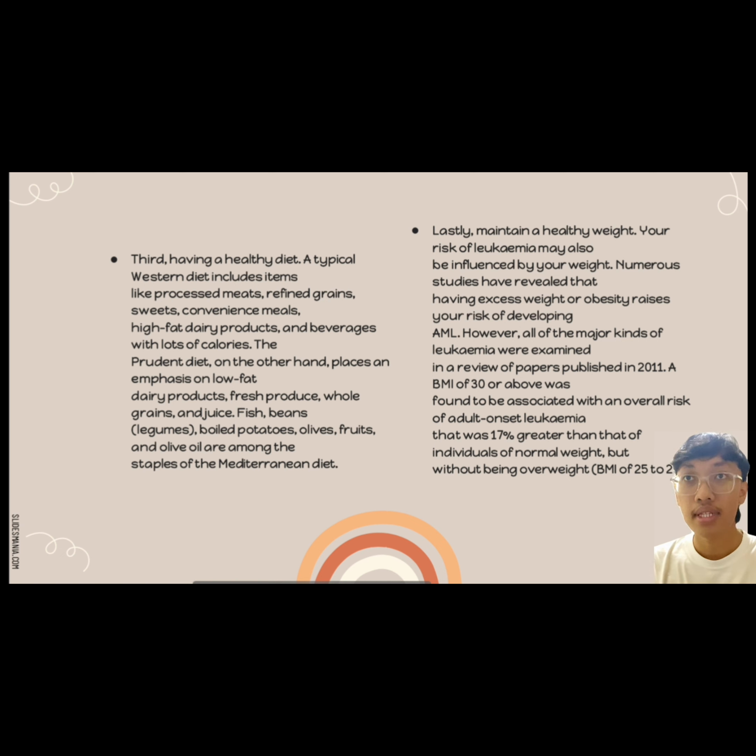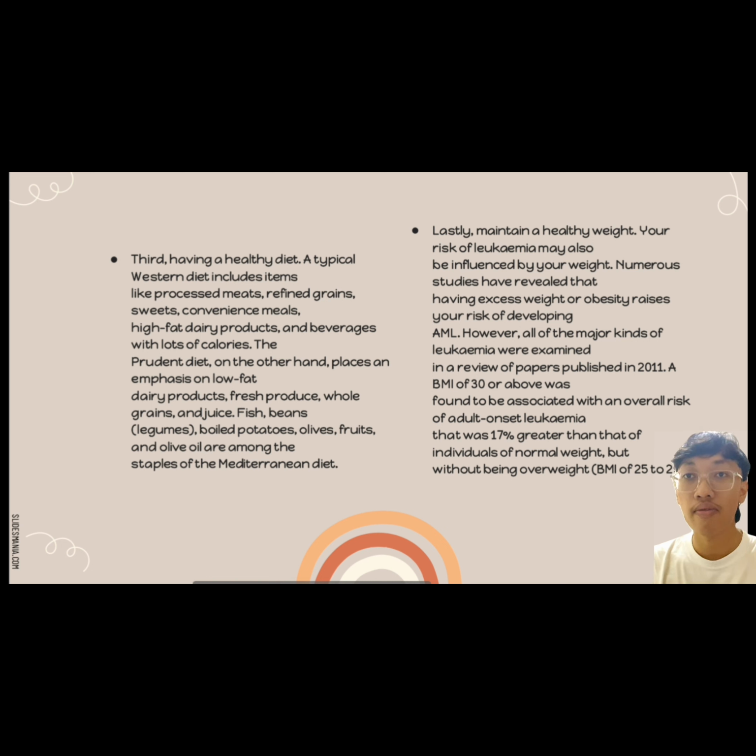Lastly, maintain a healthy weight. Your risk of leukemia may also be influenced by your weight. Numerous studies have revealed that being overweight or obesity raises your risk of developing AML. However, all of the major kinds of leukemia were examined in a review paper published in 2011.